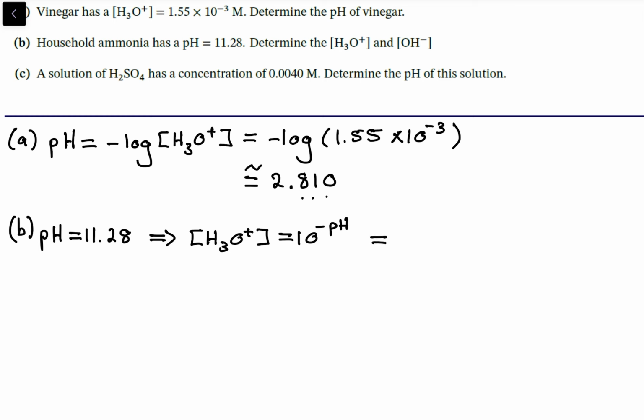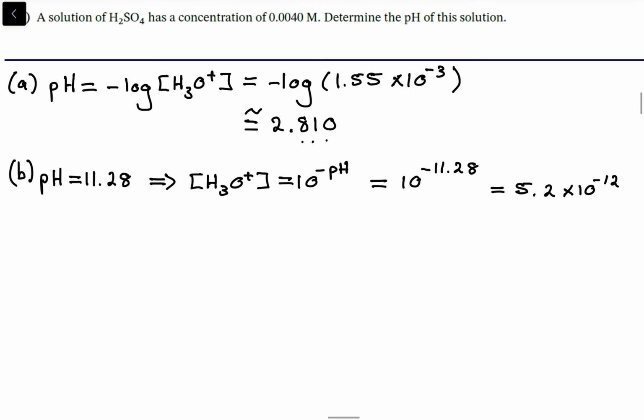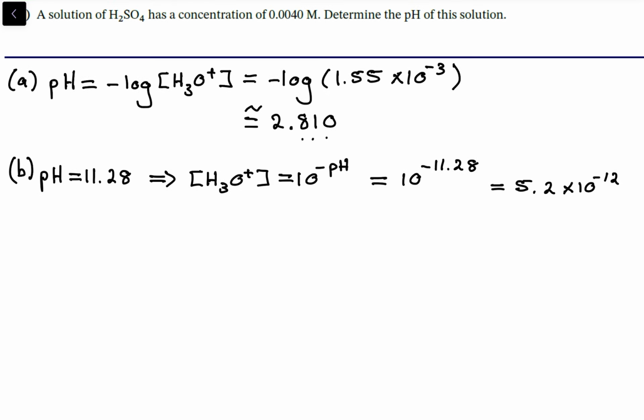Right, which is then 10 to the power minus 11.28, which is 5.2 times 10 to the power negative 12. Why two significant figures? Why 5.2? Because it's 11.28. So pH, once again, you look 2 after, so it gives us 2 decimals, so it's 2 significant figures. You count after the decimal place.